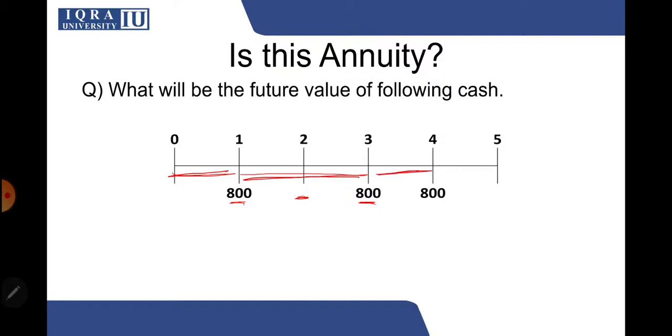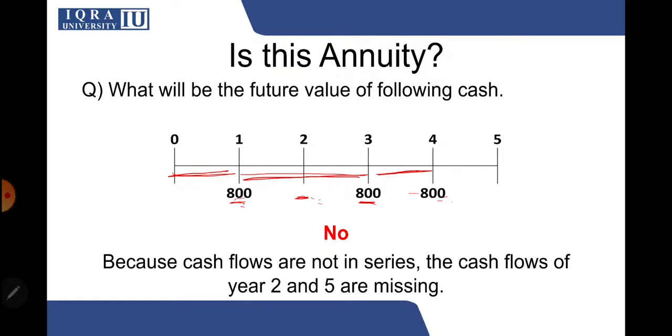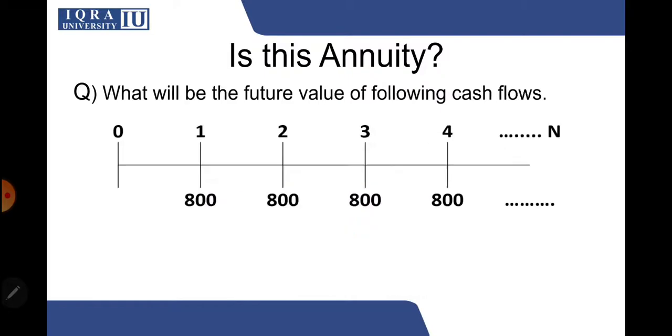So it's not equidistant. So this is not an annuity, even though the payments are equal. It is 800, but the time gap is not equal. So we will say that this is not an annuity.